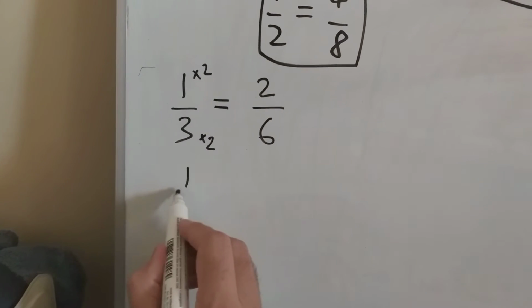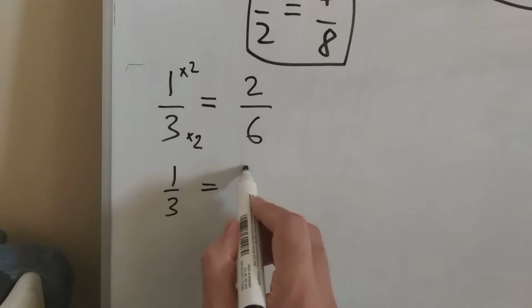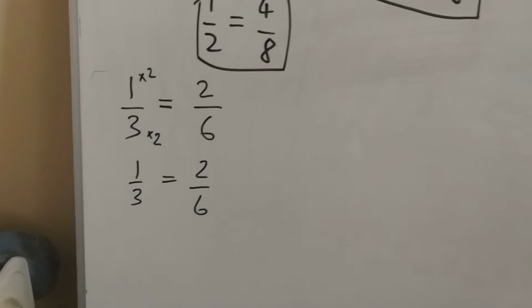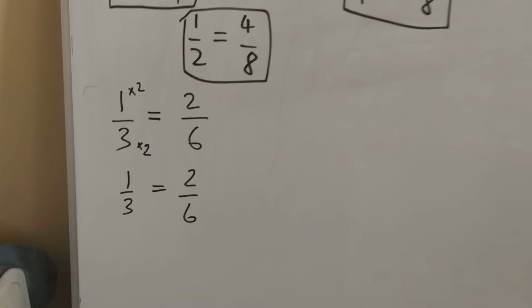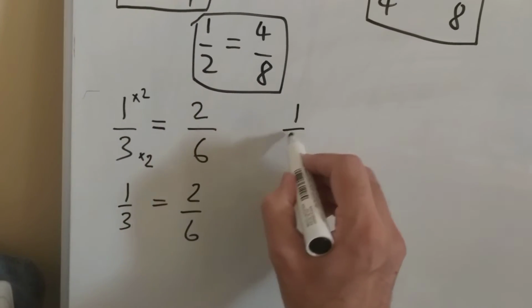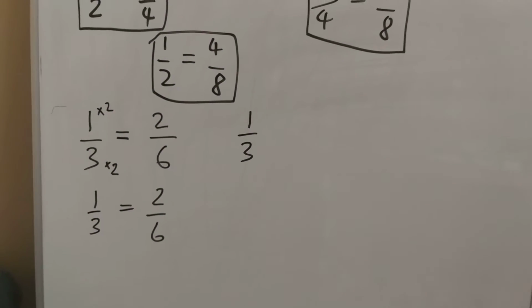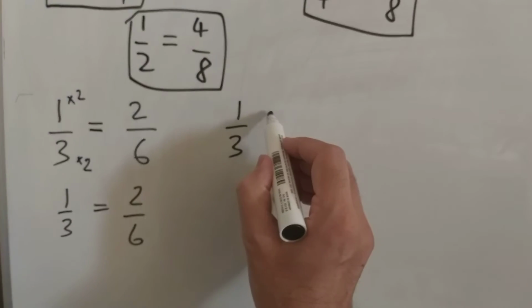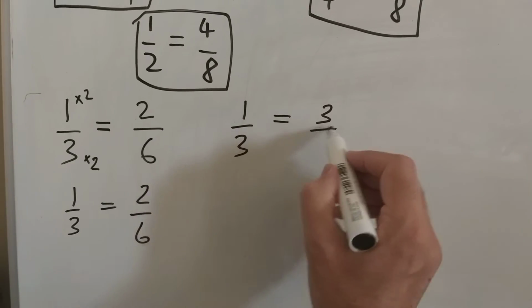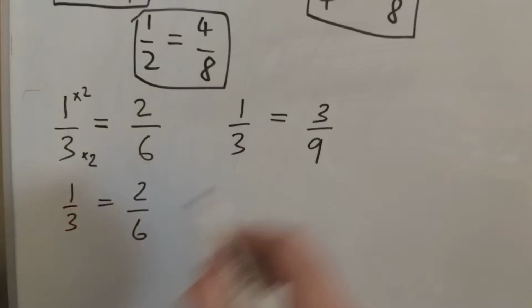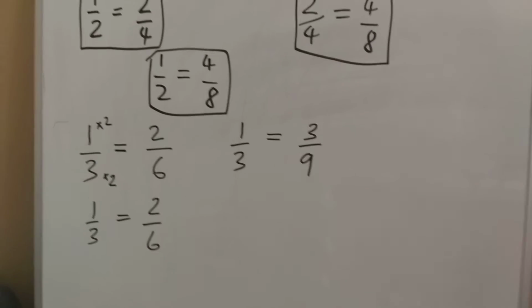So therefore, 1/3 is equal to 2/6. Now the same fraction again, 1/3. If I multiply the top and the bottom by the number 3, 3 times 1 is 3, 3 times 3 is 9. So 1/3 is equal to 3/9.